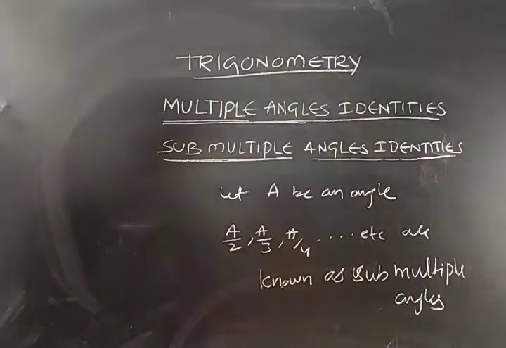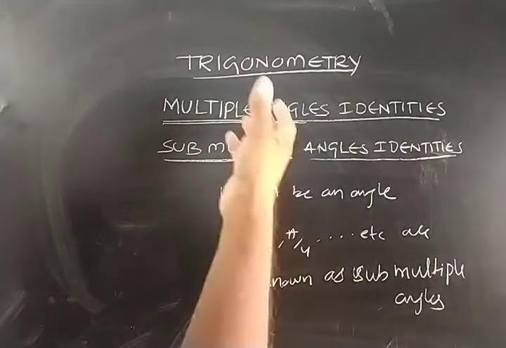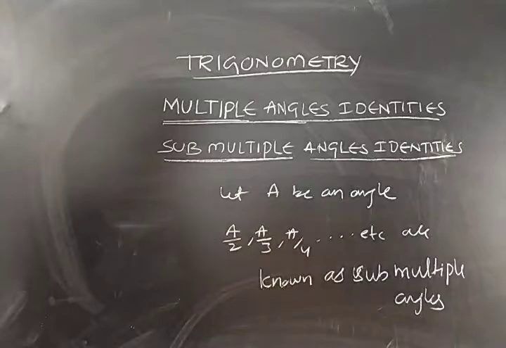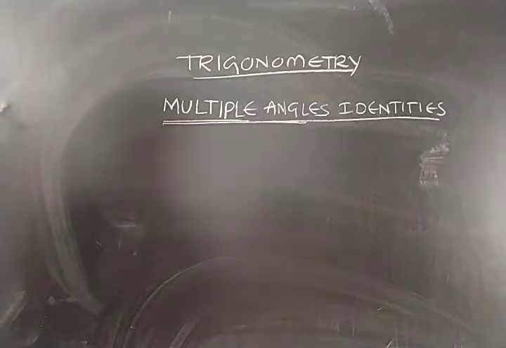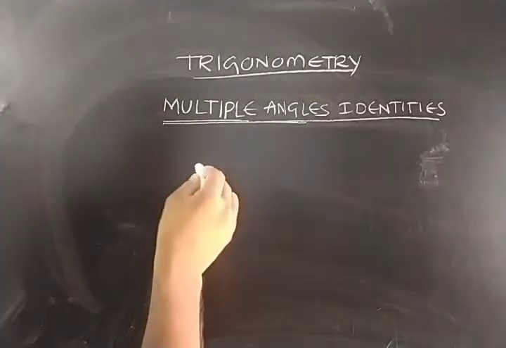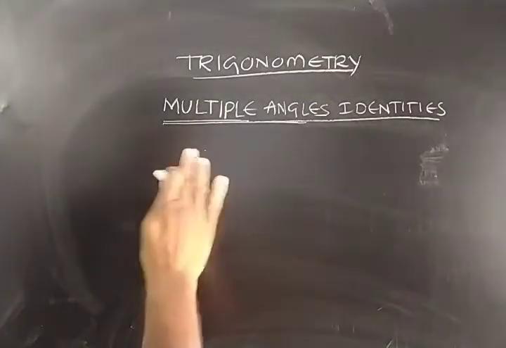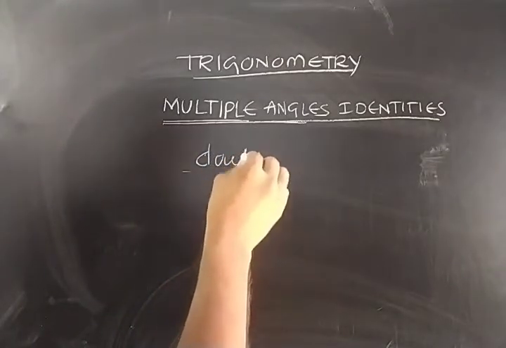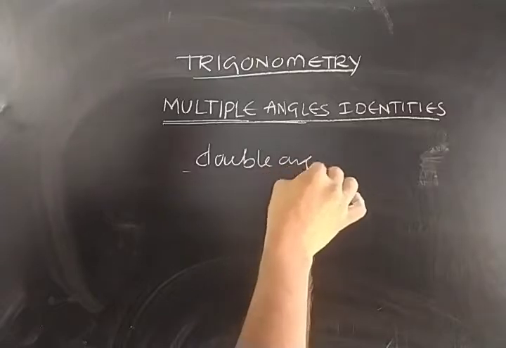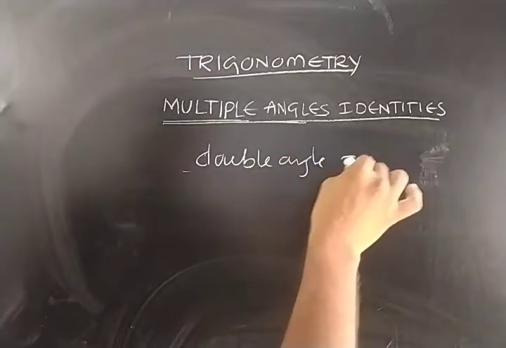So we have a few identities on multiple angles and a few identities on submultiple angles. Let us discuss how to derive the formulas. Suppose I am taking the double angle identities.